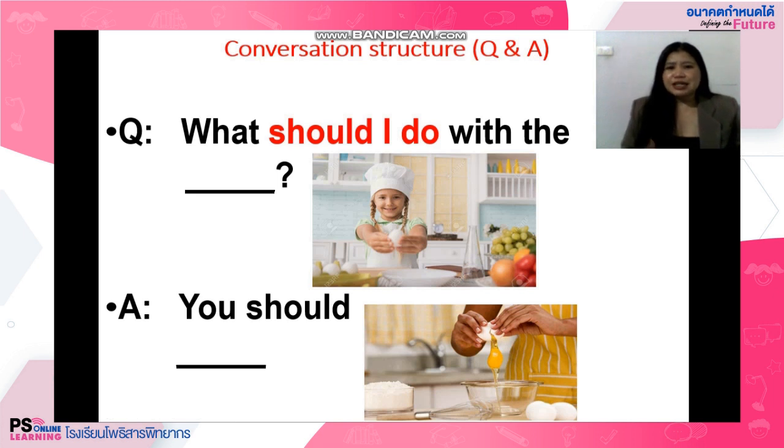So let's make the eggs more. Let's add S. What should I do with the eggs? The answer should be you should crack them. We use them because there is S with egg.